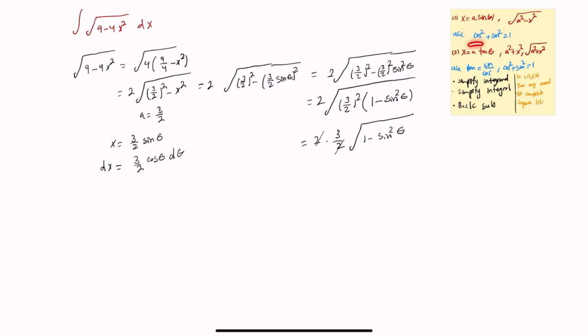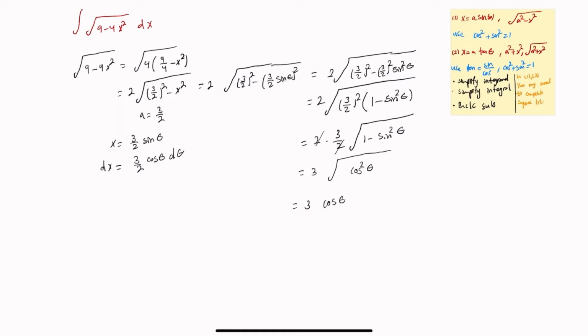You just solve for cosine squared. So this is going to be equal to 3, and then we have the square root of cosine squared of theta. This is going to be equal to 3 and then cosine of theta. Now, notice that we simplified the integrand from this here to this.